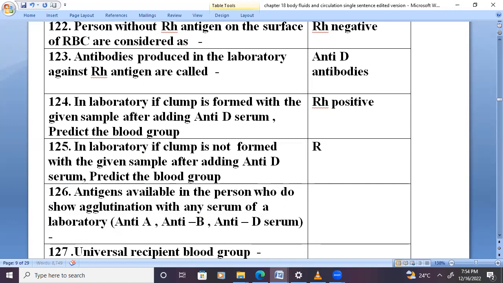If in the laboratory a clump is not formed with a given sample after adding anti-D serum, predict the blood group as RH negative. A person who shows agglutination with every serum in the laboratory has antigens A, B and RH, so simply we can call it AB positive.